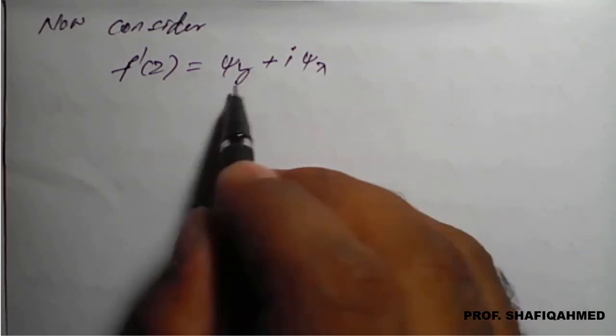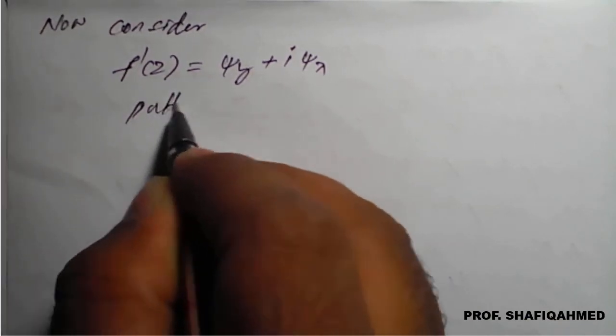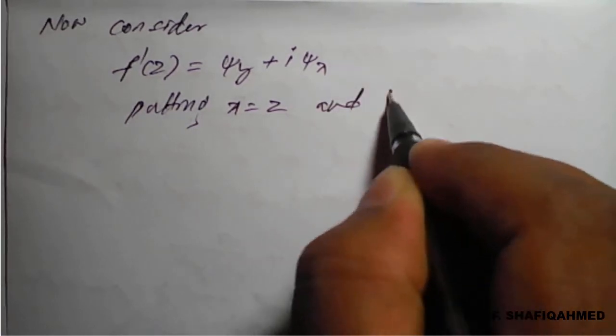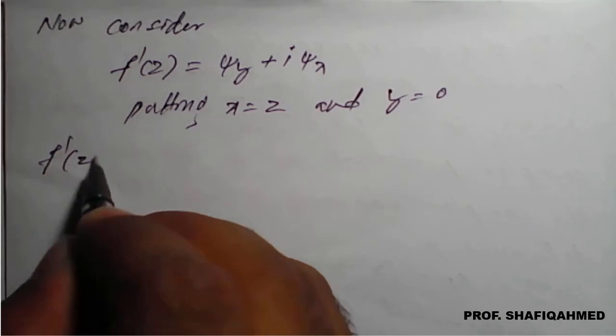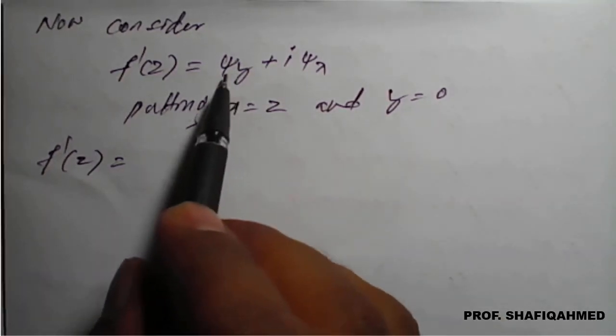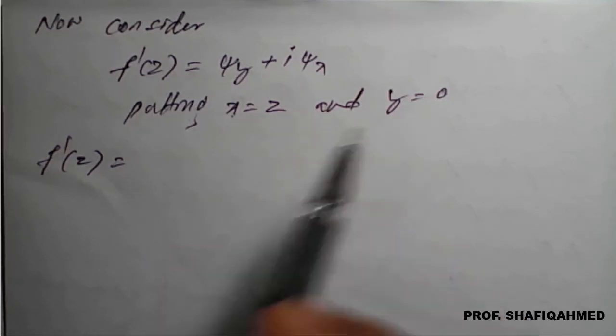So in this, while writing here, I will put x is equal to z and y is equal to 0. So what happens to psi of y? We'll write psi of y, then we'll write psi of x. So what is psi of y when you apply x is equal to z and y is equal to 0? We'll see now.